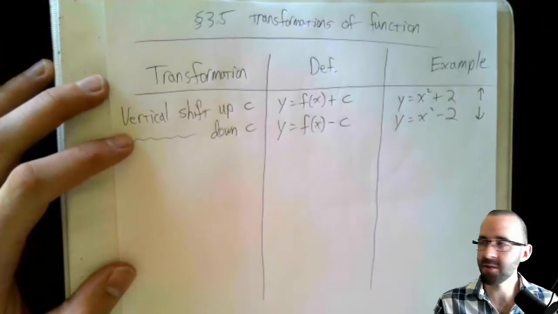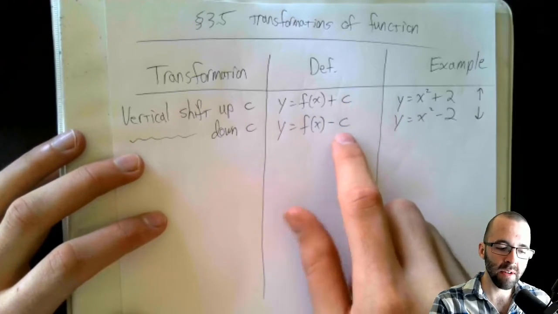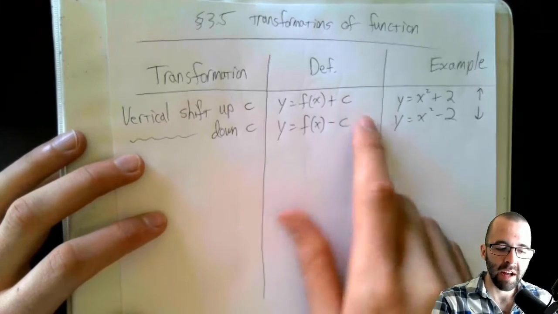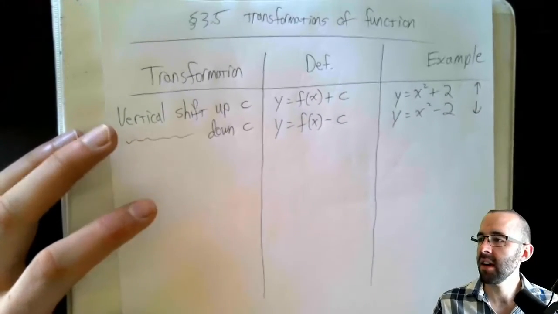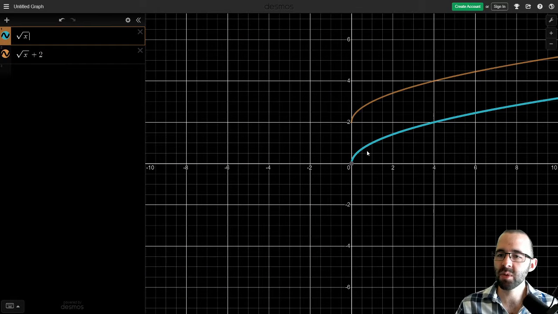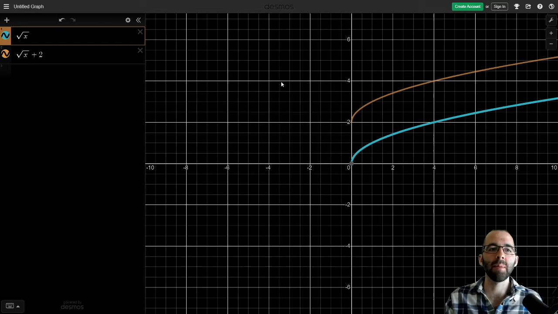We talked about the first two function transformations: if we just add a number or subtract a number to our toolkit function, where f is our toolkit function, then it moves it up or down. And we saw that over here. If blue is the square root function and we just add 2 to the end, that gives us this orangish-brownish thing, which just gets booped up.